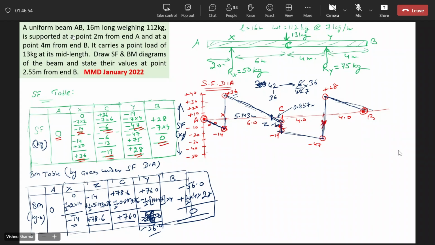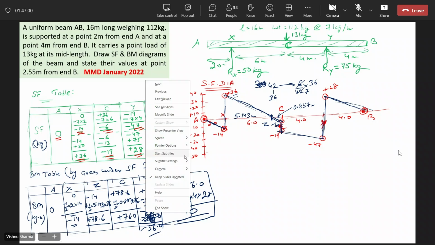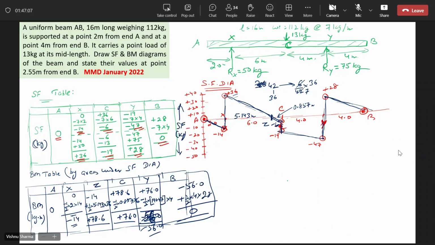Please draw the BM diagram, whatever you feel appropriate, so that you can identify any potential mistakes. We are at the last step of doing the question, and then of course 2 values are required, which we'll figure out.